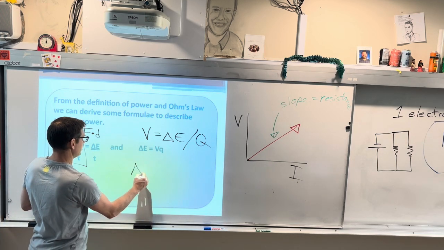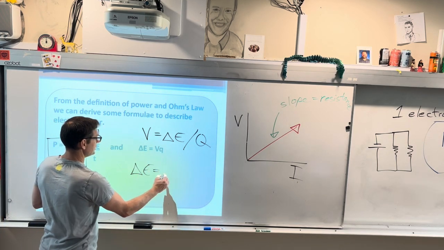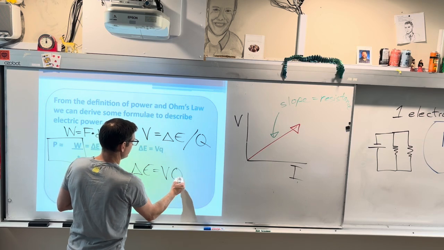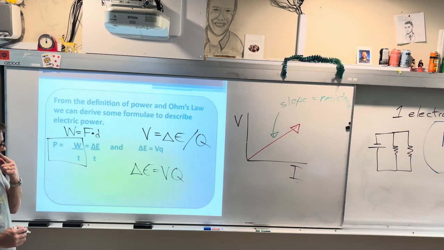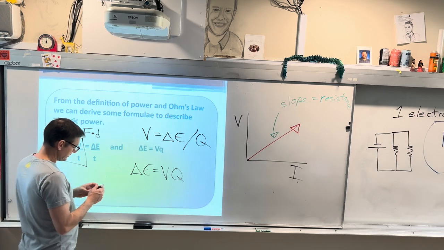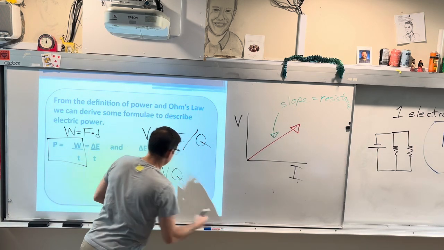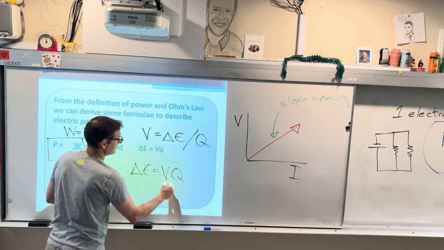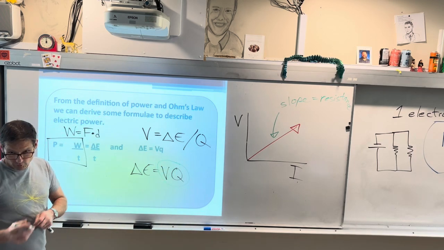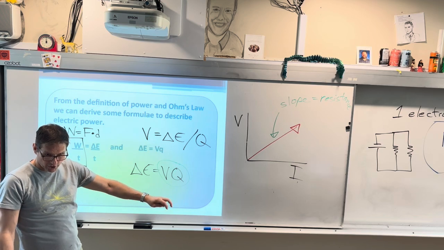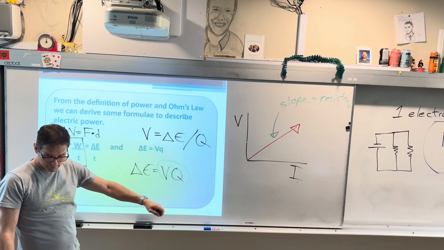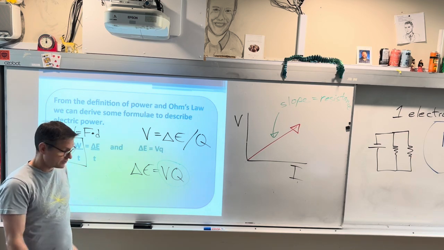Okay, so delta E equals V times Q. And so if you take this volts, and what's Q by the way? Good. Q is charge in what unit? Coulombs, right?